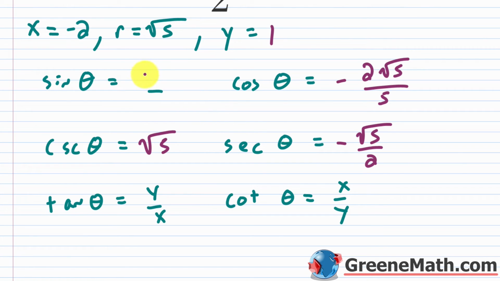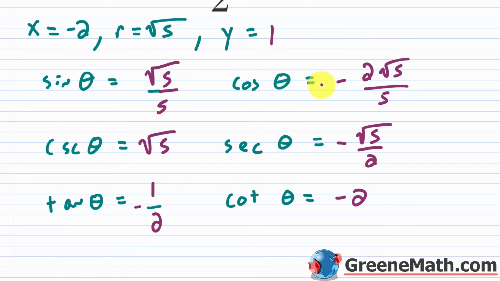And then coming down here, for y, you're going to plug in a 1. And then for x, you're going to plug in a -2. So let's just say this is -1/2. Again, the cotangent of theta, you just flip this guy. So the reciprocal of -1/2 is going to be -2.